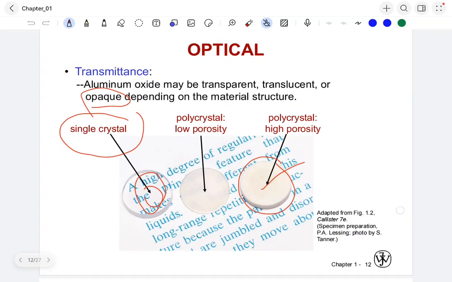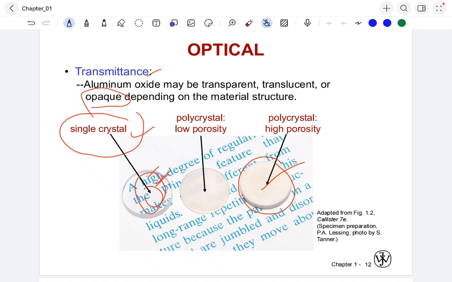Moving to the optical, as you can see here is the transmittance, and the aluminum oxide may be transparent, translucent, or opaque, depending on the material structure. If it's a single crystal, it will be more visible or transparent.